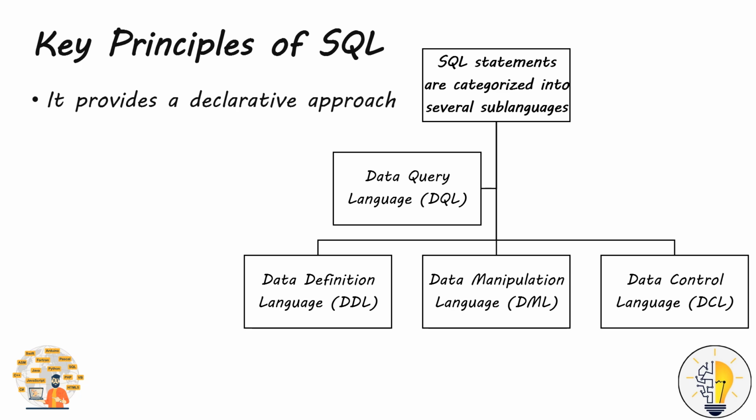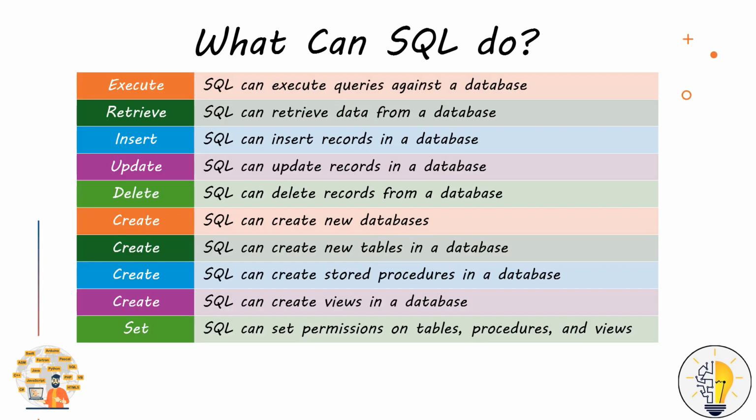Moving on to the next slide, what can SQL do? We already saw there are different sub-languages. It can execute queries, retrieve data, insert, update, delete, and create data. Create can be done in different ways.